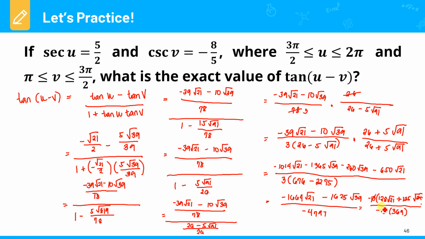So divide out, our final answer would be 128 square root of 21 plus 125 square root of 39 all over 369. And this is now our final answer.